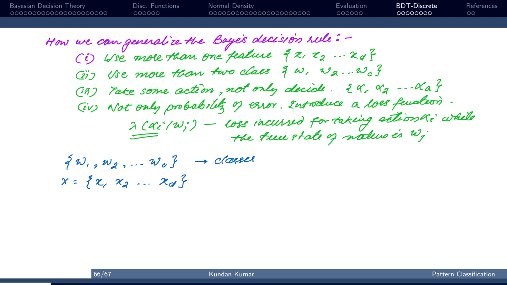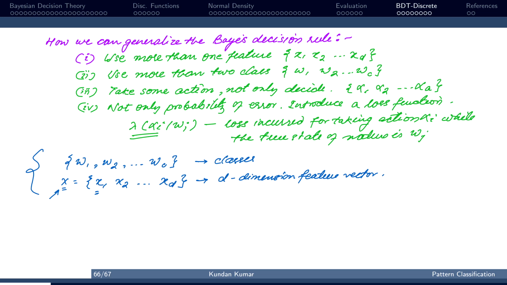If we consider the d-dimensional feature vector, then we have to consider the random variable x as an upright letter, and if it is a single feature component, then it will be the small or italic letter. So here x is a d-dimensional feature vector. Then our Bayes decision rule will change according to this consideration.